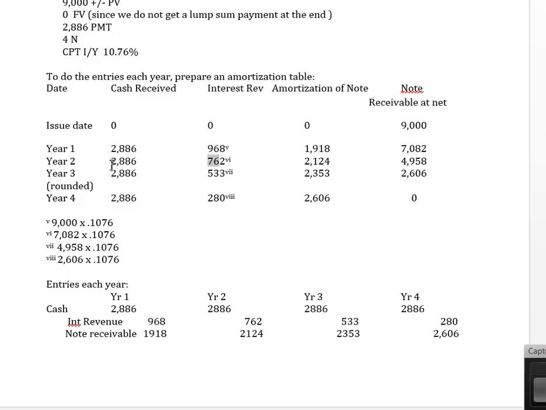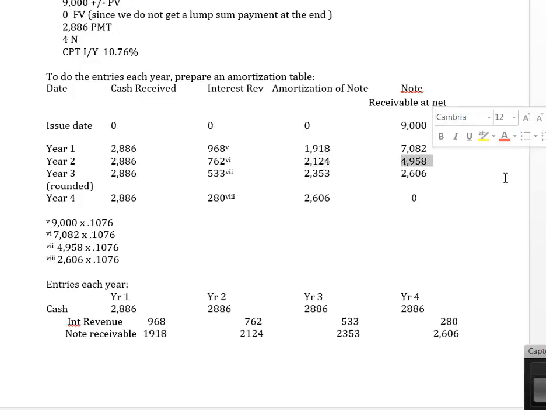So now of this 2886 payment, 762 pays down interest, but what's left in the note is 2124, and that was the amount of the note that was being paid down with this payment of 2886 in year 2. So now your note is not 7,082, it's 7,082 less 2124, because that was the amount included in this 2886 payment in year 2.